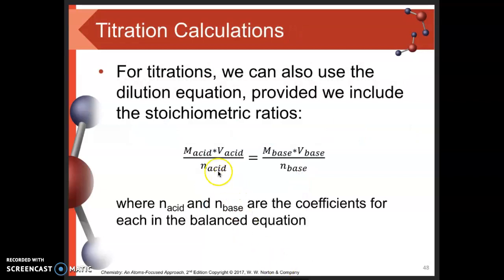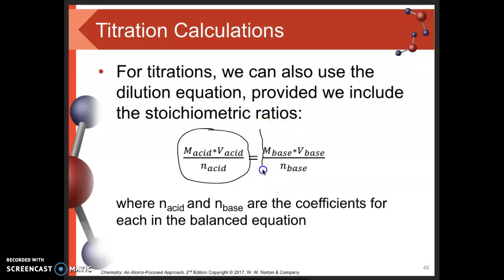Now, the titration equation should look familiar to you as well. In a couple of videos ago, we looked at dilutions, and the dilution equation was M1 times V1 is equal to M2 times V2. Well, this is in the same kind of vein, only instead of M1 and V1, what we keep on one side of the equation is all of the information that we know about an acid.